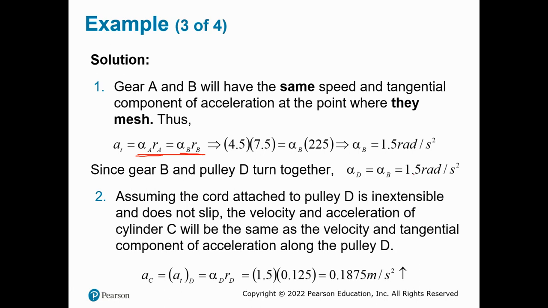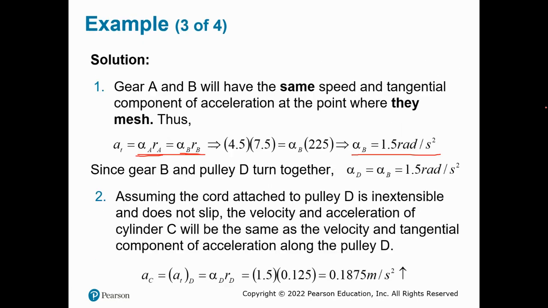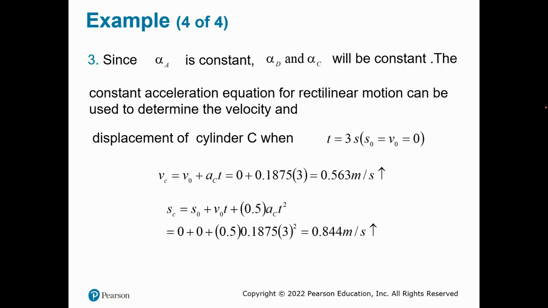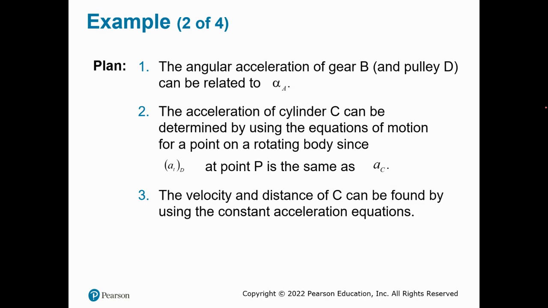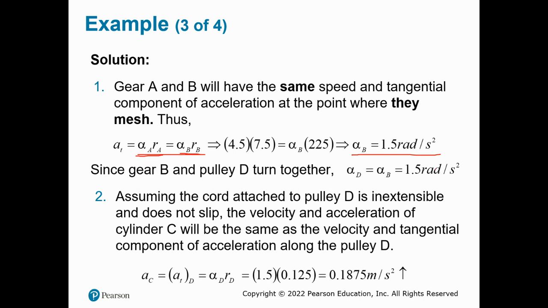With that in mind, plugging in our values, we can get the angular velocity of B. If you need the diagram, refer back to the diagram. From A, we get to B. We get our angular acceleration of B. Remember, we say B and D angular are the same. Angular acceleration of B and angular acceleration of D are the same thing.